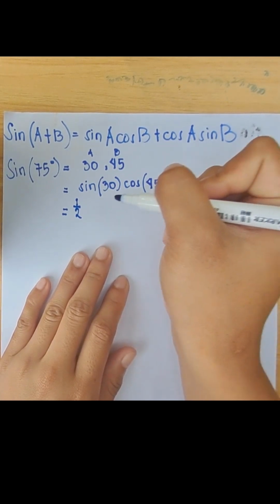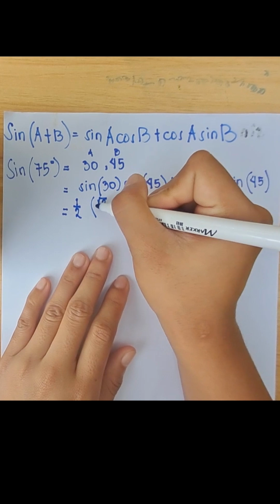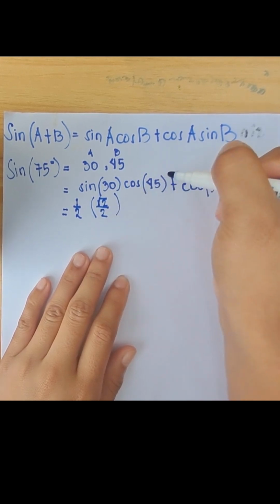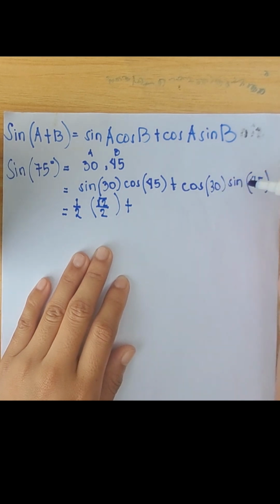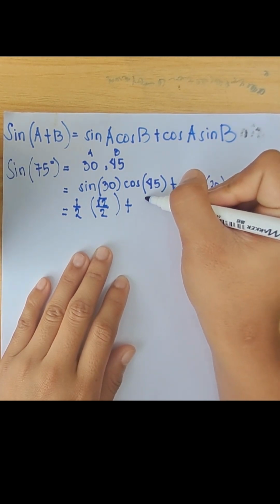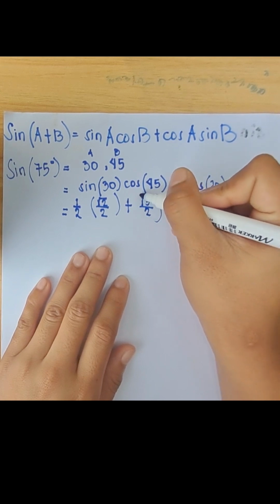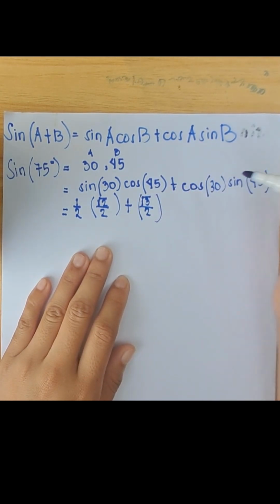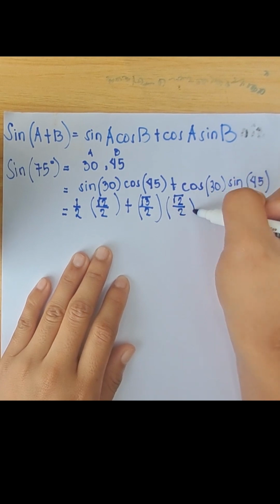The cosine of 45 is square root of 2 over 2, plus the cosine of 30 is square root of 3 over 2, and the sine of 45 is square root of 2 over 2.